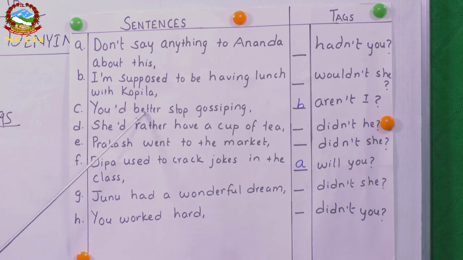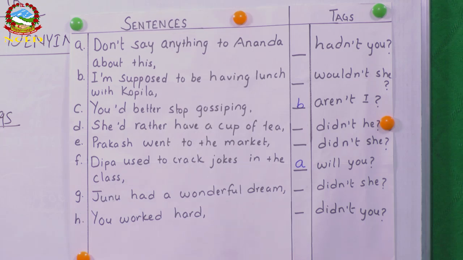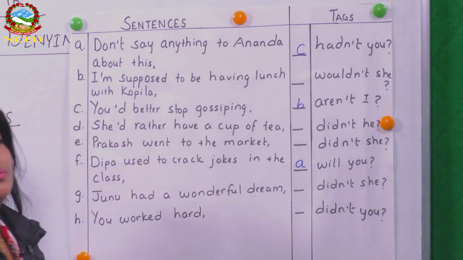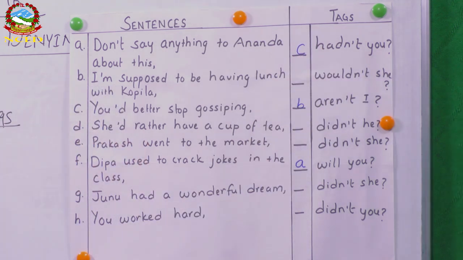Let's move to number C. You'd better stop gossiping. So what is it? Apostrophe D before better. What did I say to you? Had, right? You had better stop gossiping. So the negative form of had, hadn't, right? Hadn't you. Is your guess right?